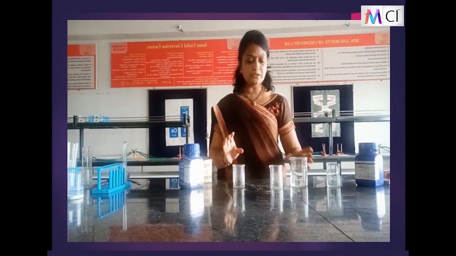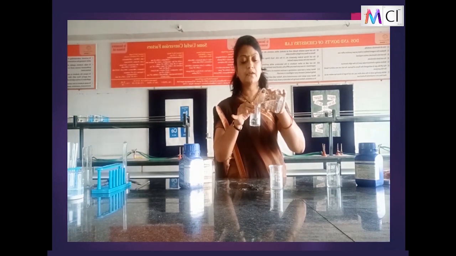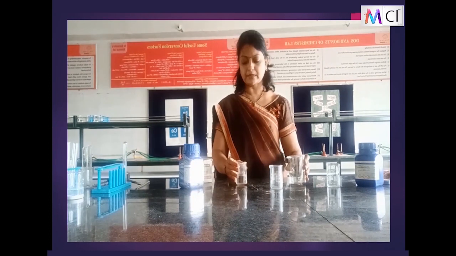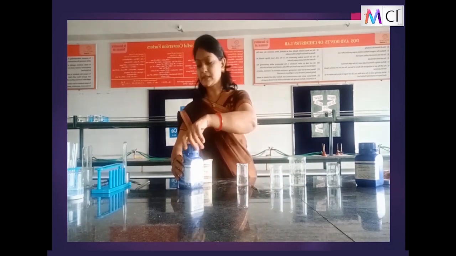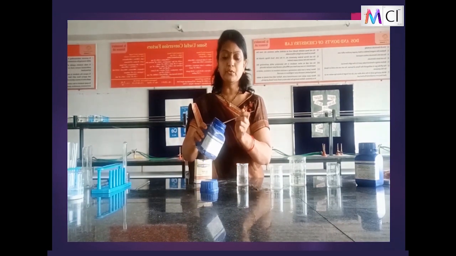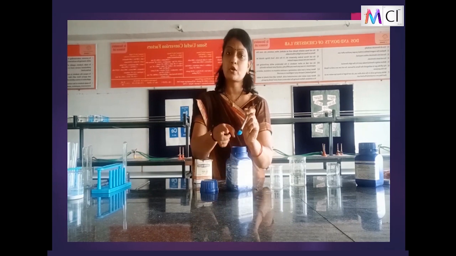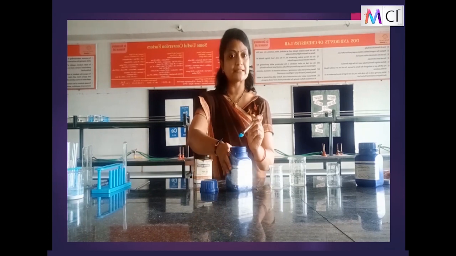Let us observe. This is a beaker and I am pouring water in it to make the solution of copper sulfate. You know, children, copper sulfate is a beautiful blue color salt, and this color is because of the 5 water molecules present in it.